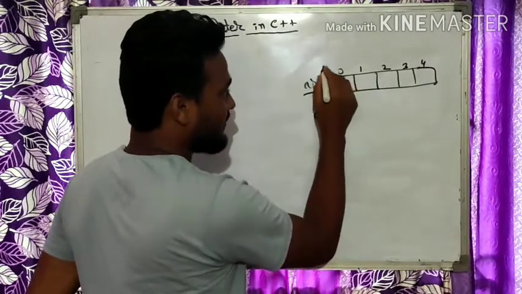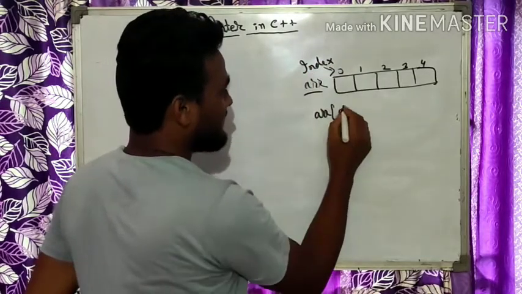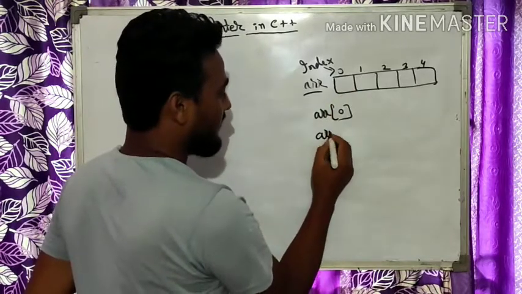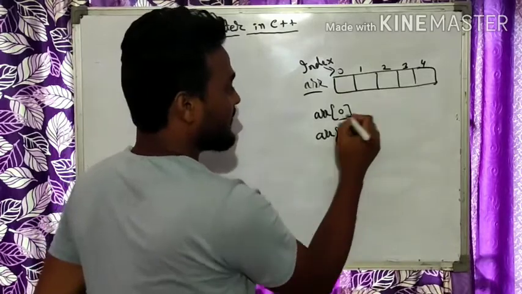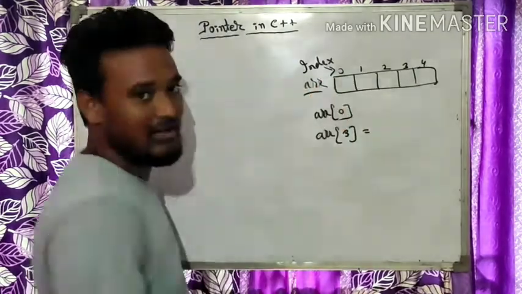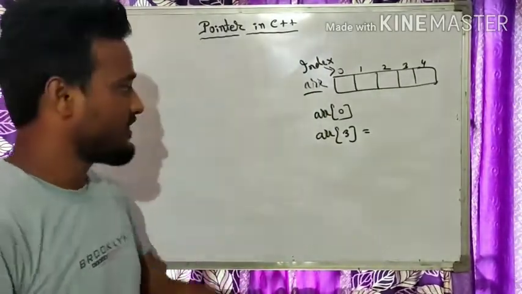These are the indexes. Array 0 is indicating this cell. If you write array 3, this means it is representing the 4th element. And here the size is the index. I think I already explained these arrays. Please go through this again.